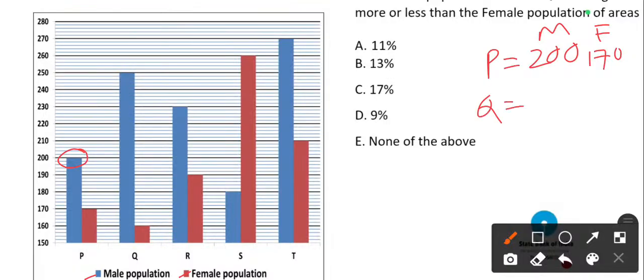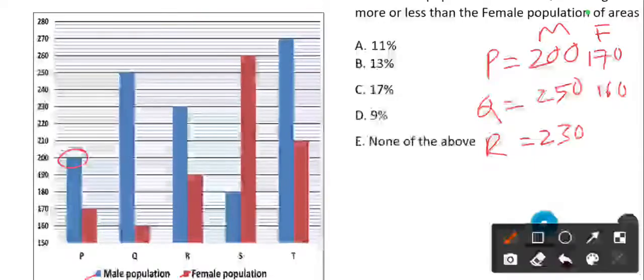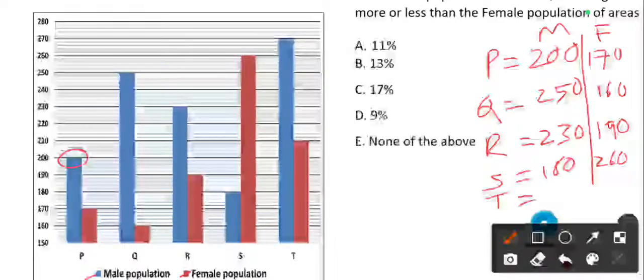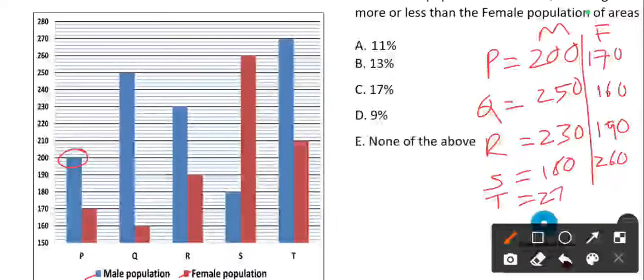In Q, male is 250 and female is 160. R, male is 230 and female is 190. Next one, S. In S, males are 180 and females are 260. In T, the males are 270 and females are 210.